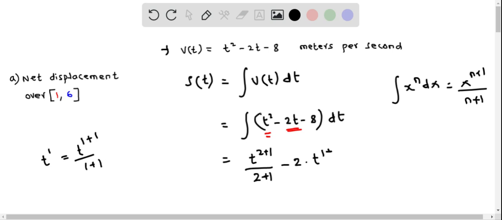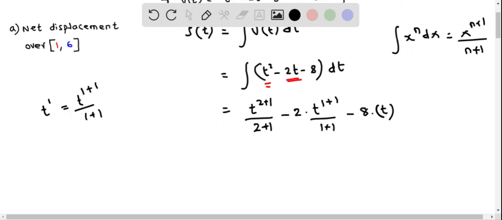Then we have negative 8. The integral of a constant is the variable, so we have to put 8 times t.